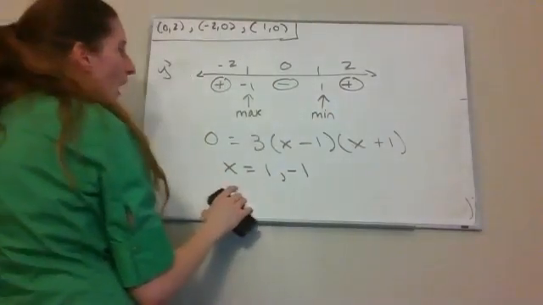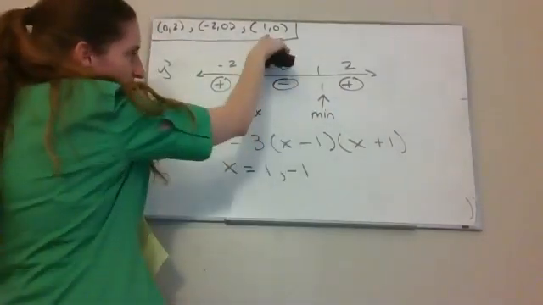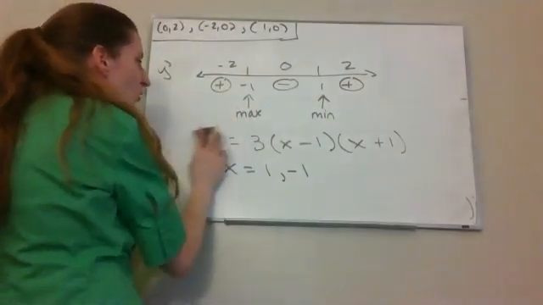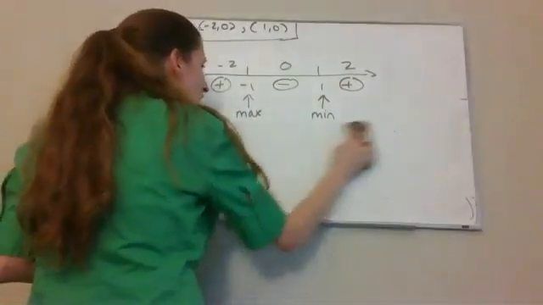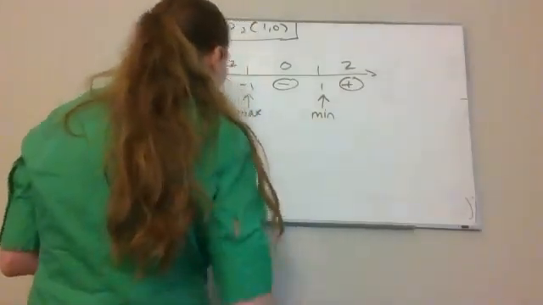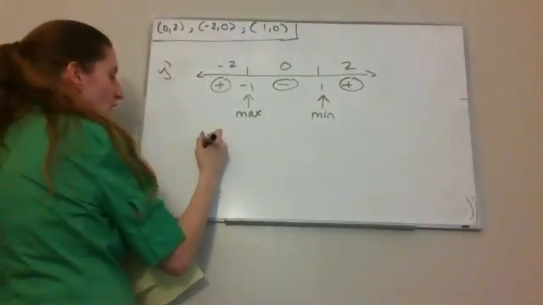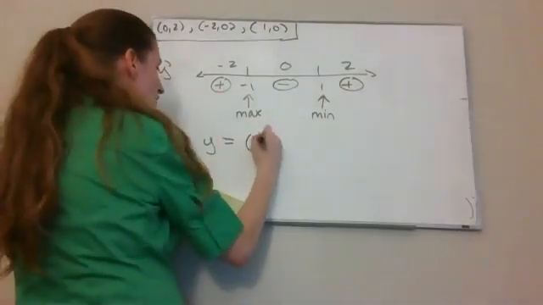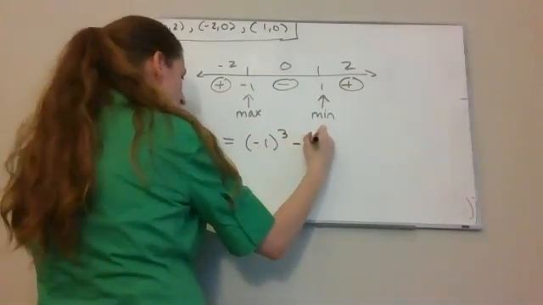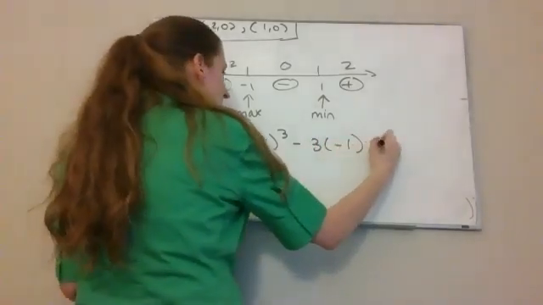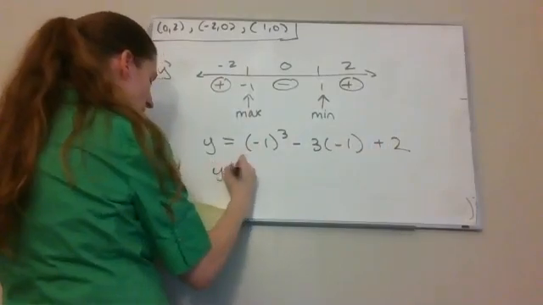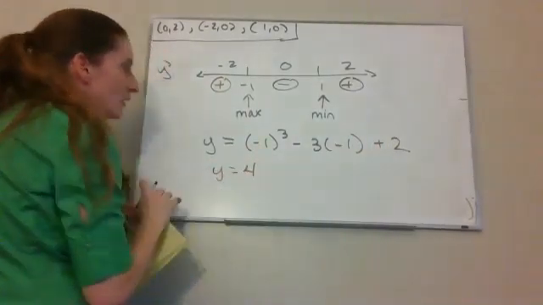I already know the y coordinate of this point. It's 0, we already had that. But I should plug this -1 into my original function to figure out what that point is. So if I plug my -1 into the original function, I get that y equals 4.